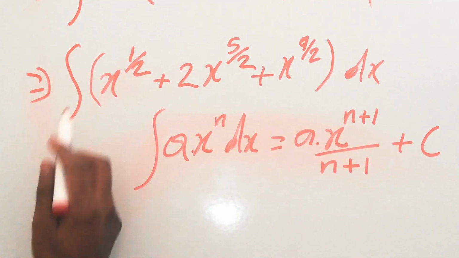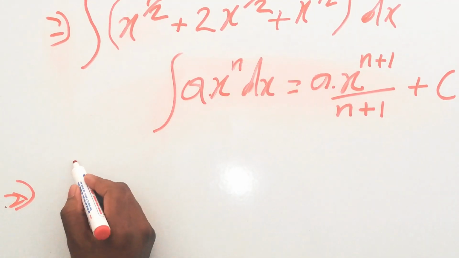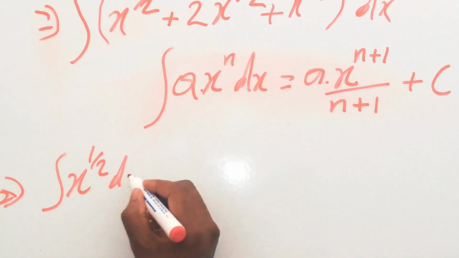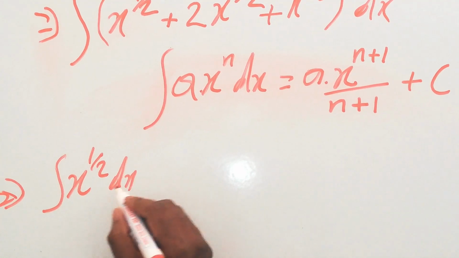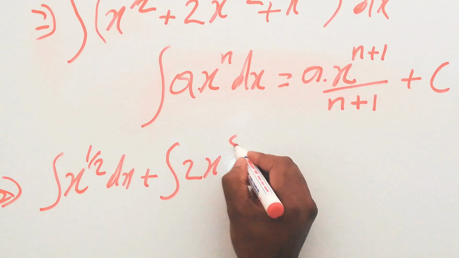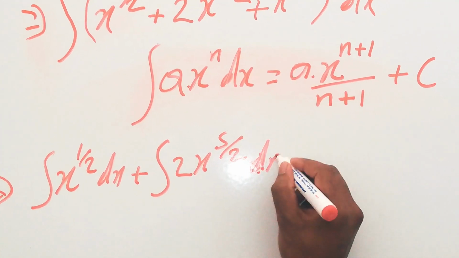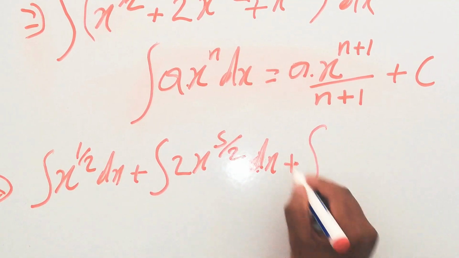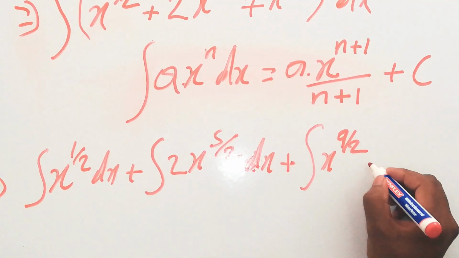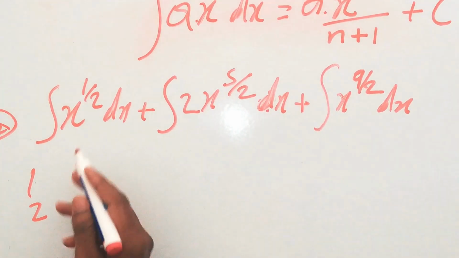So now we have the integral of x exponent 1 over 2 dx, plus the integral of 2x exponent 5 over 2 dx, plus the integral of x exponent 9 over 2 dx, and this is as easy as it can come.